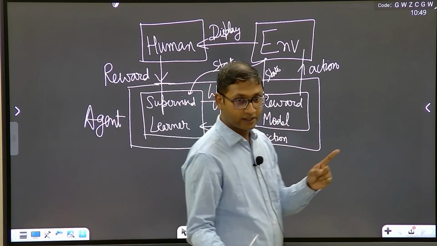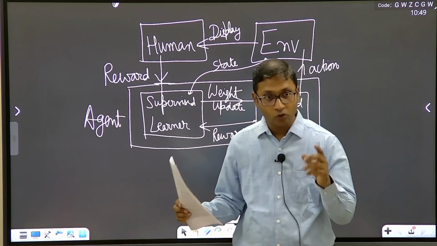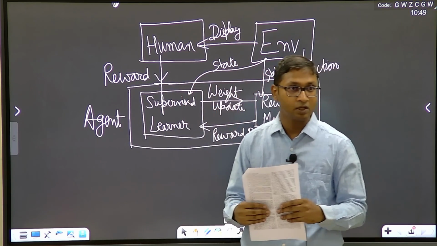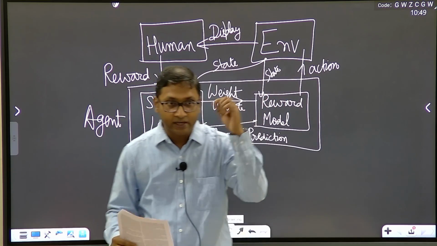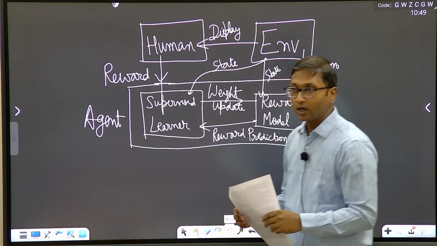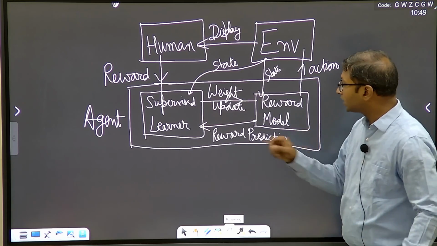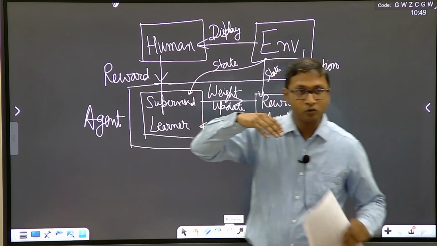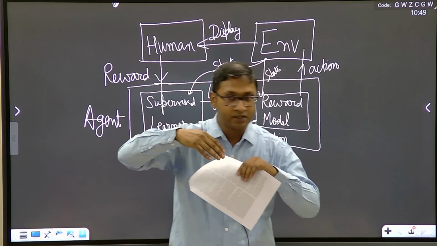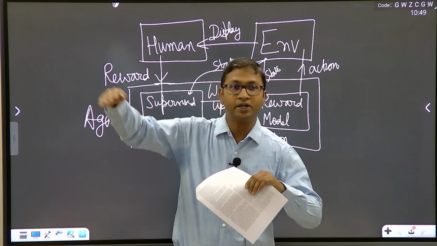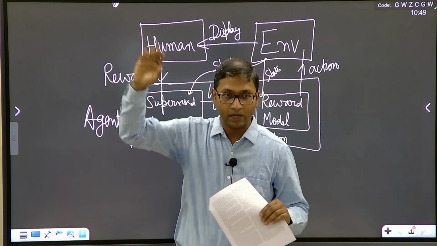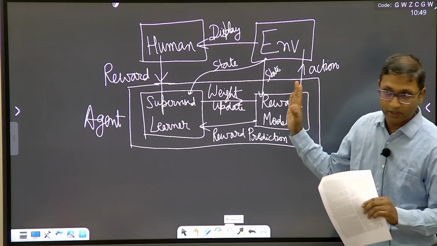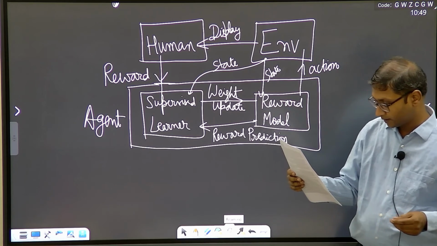Maximize your expected utility. So there is no notion of discount here in this case, right? Because you want to actually model the immediate reward. I don't want to maximize my expected utility over some period of time. I just care about my immediate reward. That is one difference.